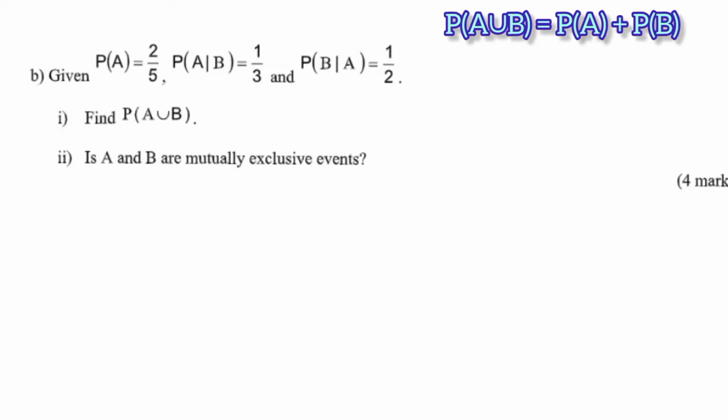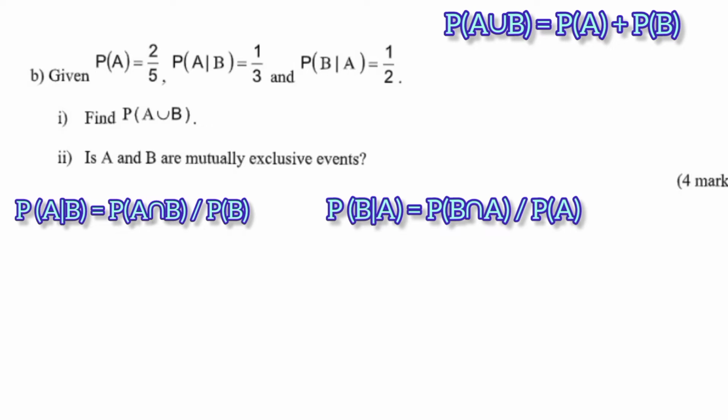We must use the hint, which is probability A given B equal to probability A intersection B divided by probability B. But we need to find probability A intersection B first. So we can find it on another hint, which is probability B given A equal to probability B intersection A divided by probability A. Here, we just replace it with what the question gives.